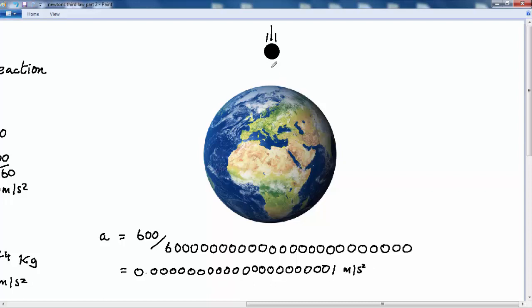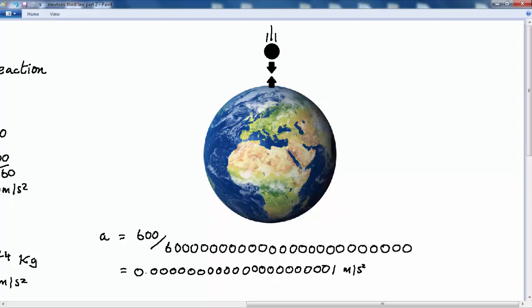So to summarize, what Newton's third law says is this: when the Earth pulls on the cannonball, causing it to accelerate towards its surface, the cannonball pulls back on the Earth with an equal but opposite force, causing the Earth to accelerate towards the cannonball.